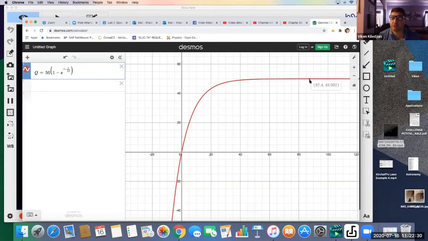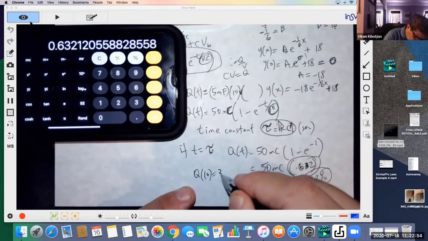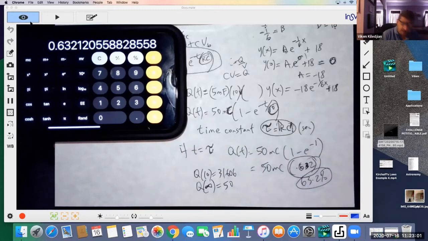Well, it's building up to 50 millicoulombs. So if you divide the charge at 10 seconds, which is 31.606, by the final charge at infinity, which is approaching 50, you should get 63.2%.